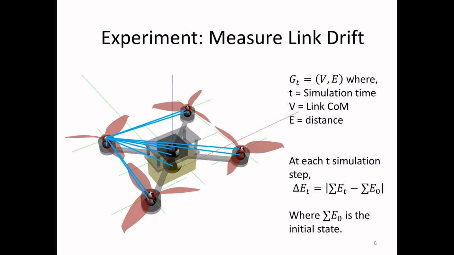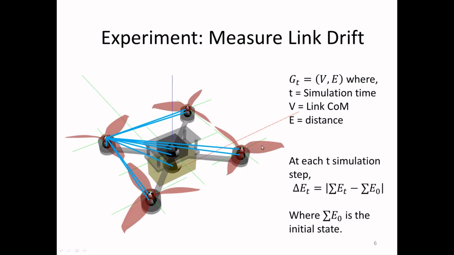We assume that since no angular velocity, that the aircraft isn't achieving any sort of angular velocity, it's at rest, that all of the links should be at their resting position. Then at each time step of the simulation, we recompute the graph, or really just measuring the edges between all the links.